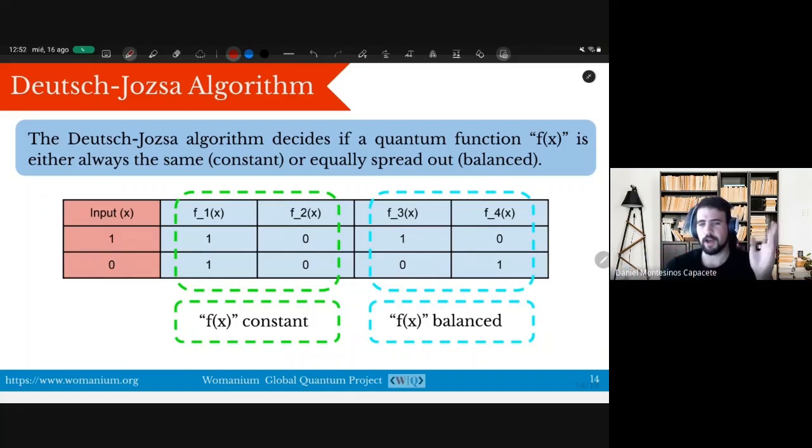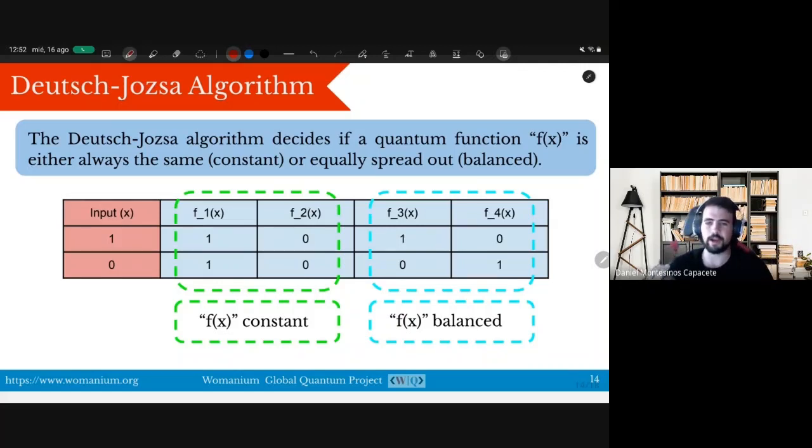Because we are just having one bit or qubit in the input in this example, we only have these four cases. These are the four cases that we can find in this example.